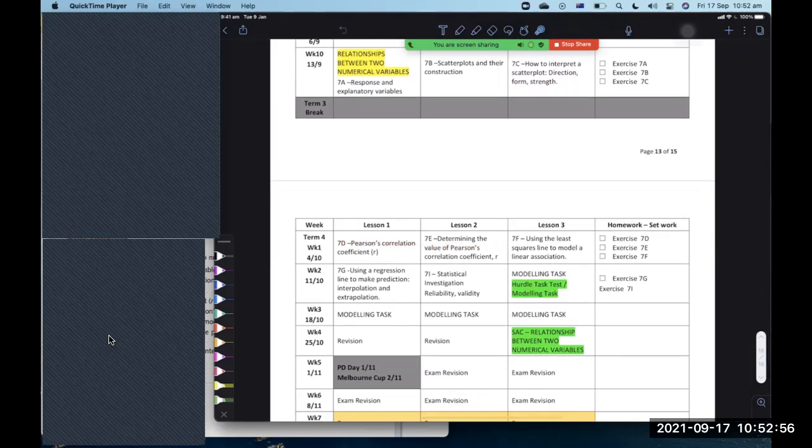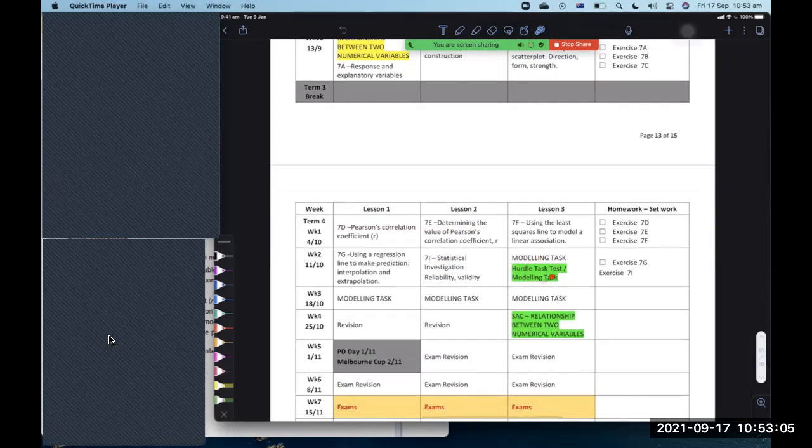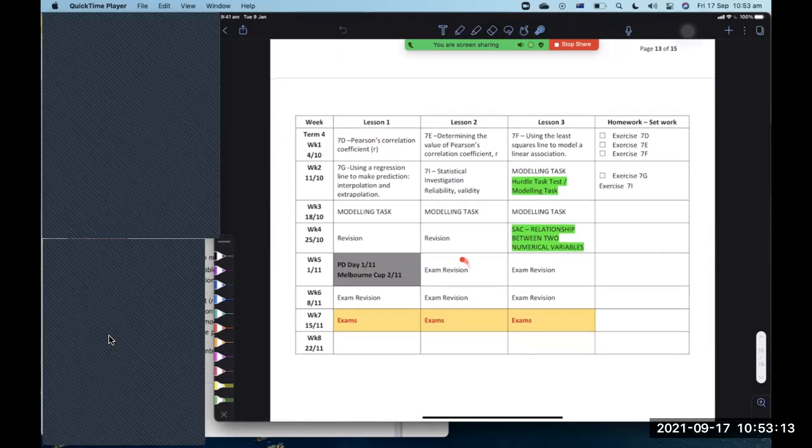Next term, you'll see that we're doing 7D, E, F, G, and I. We're skipping H, okay? After that, we're going to do a hurdle task or a modeling task, and then we're going to have a SAC on it. Cool. After that, it's exam revision and then exams, and we're done for the year. We're so close to finishing, everyone. So we will be finishing after the week of the 15th of November here. So towards the end of November, we'll be done. It seems that we're skipping 7H here. Yeah, so you can skip it, Michelle.